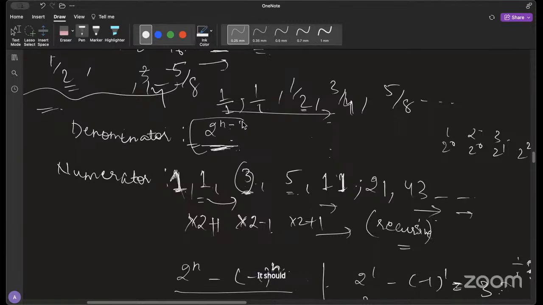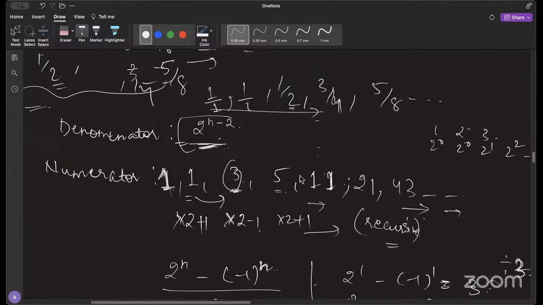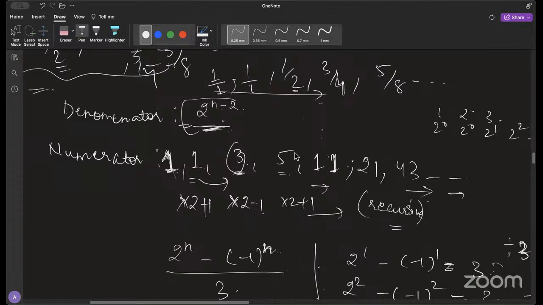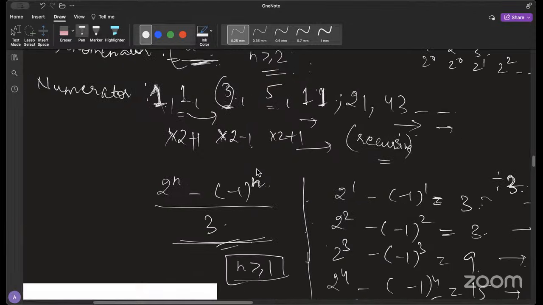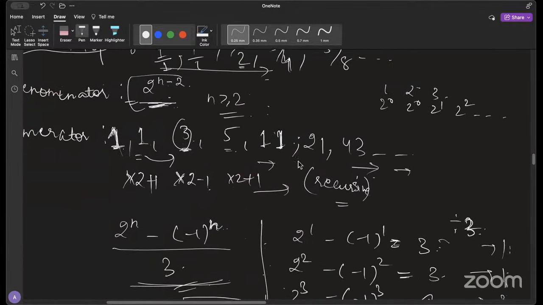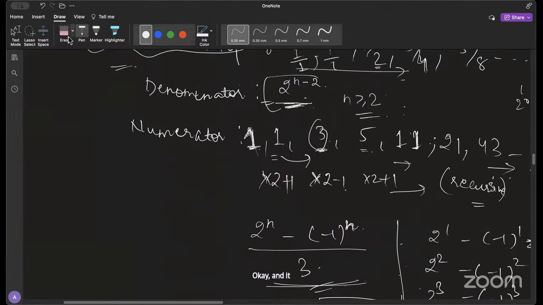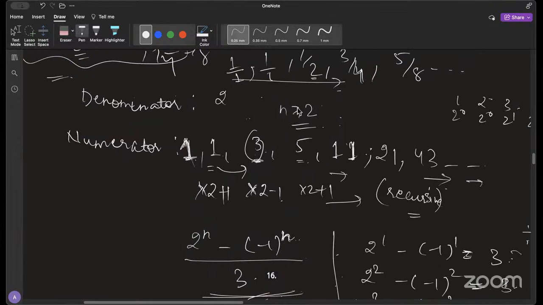It should be 2n minus 2 then. For n greater than or equal to 2. Ma'am, but for n greater than or equal to 2, the second term has to be 1, no? Greater than or equal to 2, what?